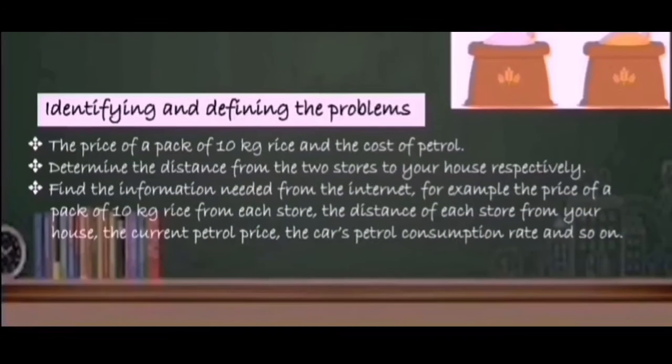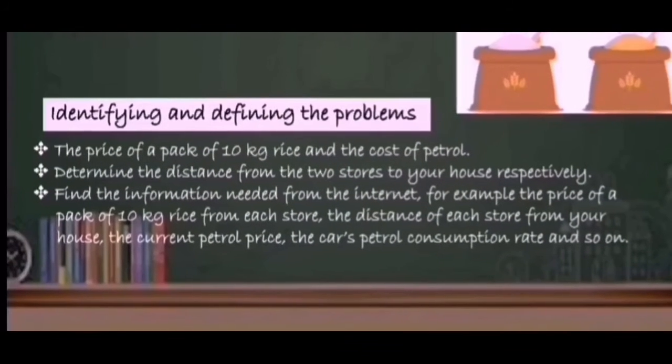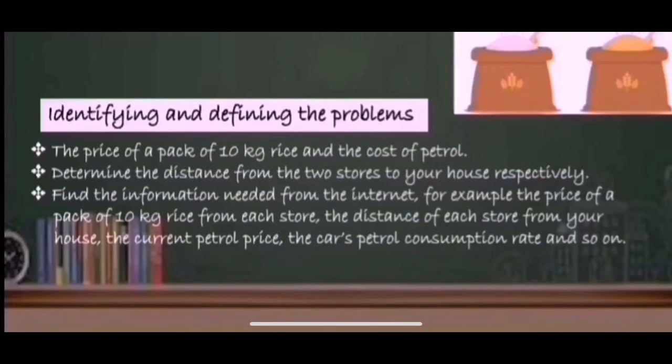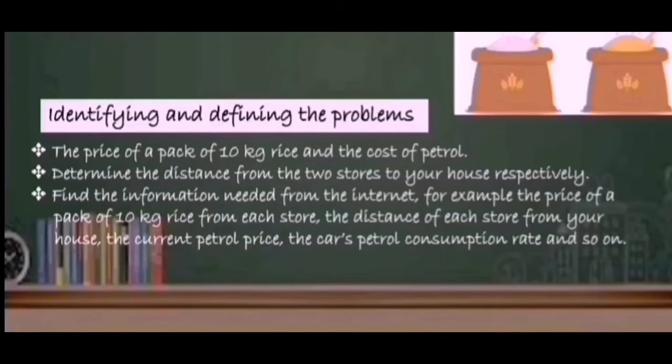The price of a pack of 10 kg rice and the cost of petrol. Determine the distance from the two stores to your house respectively. Find the information needed from the internet, for example, the price of a pack of 10 kg rice from each store, the distance of each store from your house, the current petrol price, the car petrol consumption rate, and so on.